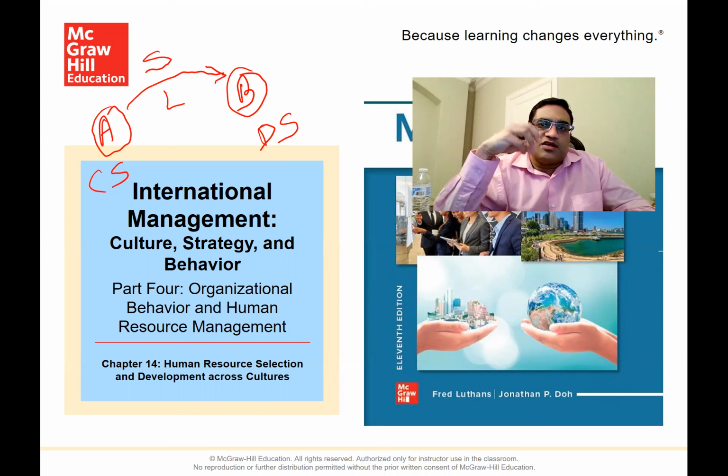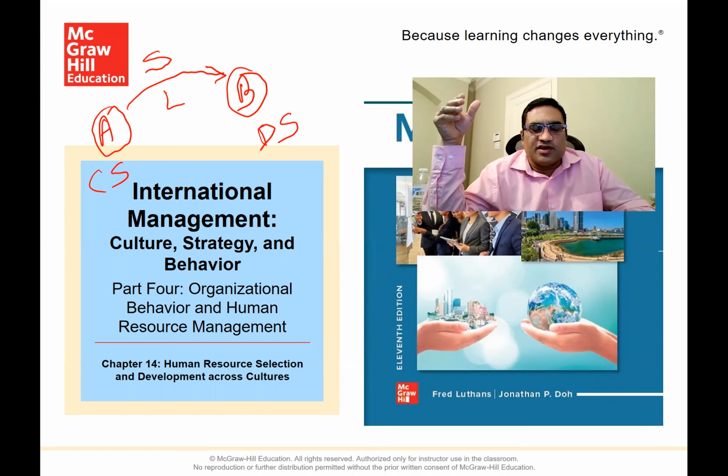So the person in the US goes to the subsidiary or branch office in China. There are lots of studies that say anywhere from 40 to 70% of these assignments fail. And there are lots of reasons for that.